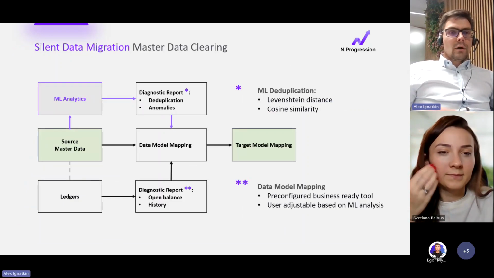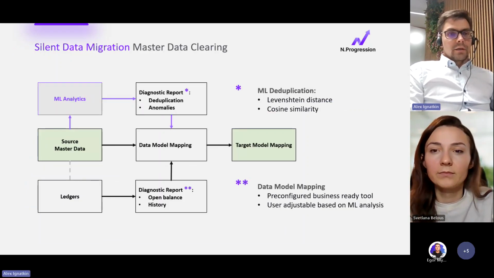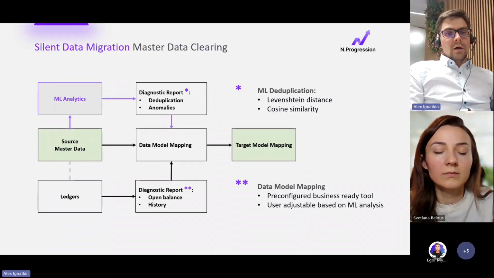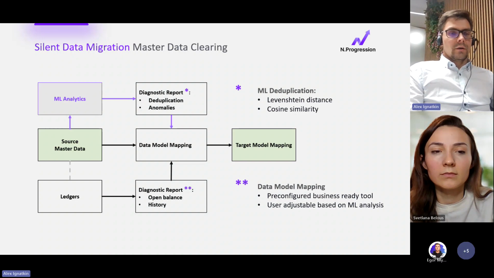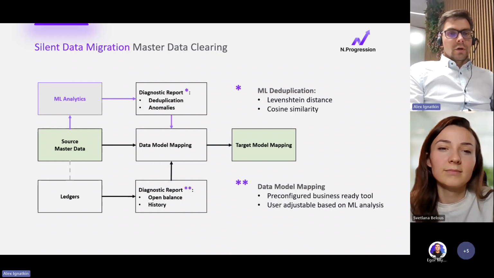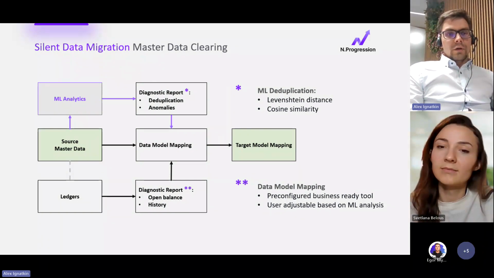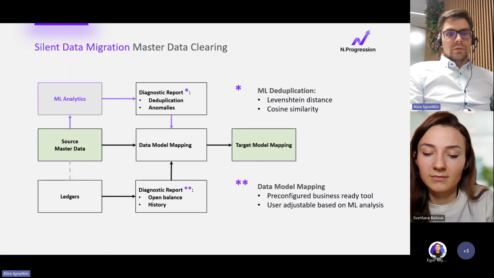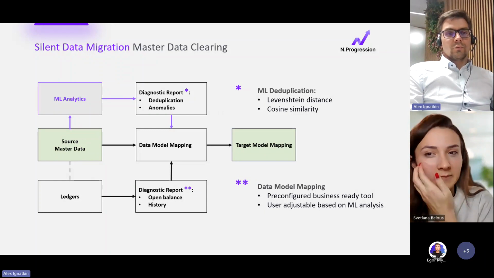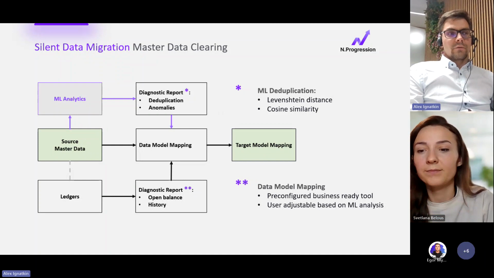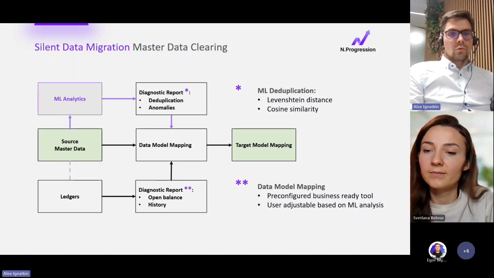So what about master data cleaning? Here is how it works, how we can deduplicate data in your master directory. Here you can see green squares. It's source master data and target master data. And we have a mapping tool in the system which helps you map all the fields from the old database to the new one.